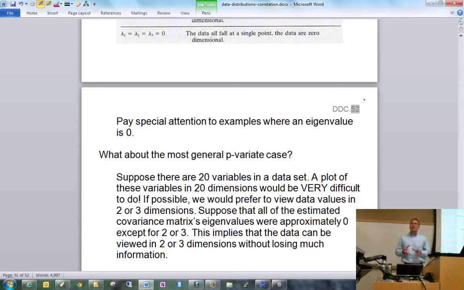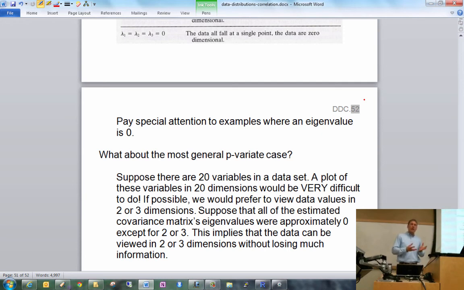What that says to you is that you could get as much information from looking at a 2 to 3 dimensional representation of your data as you would from looking at all 20 variables at once. For exactly the same reasons that we saw with the bivariate normal and also the trivariate normal.